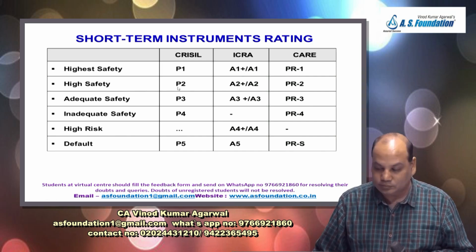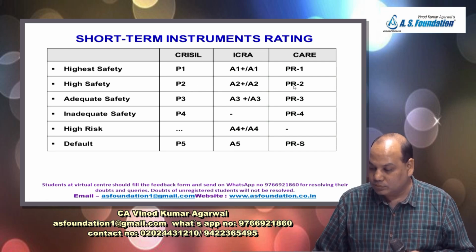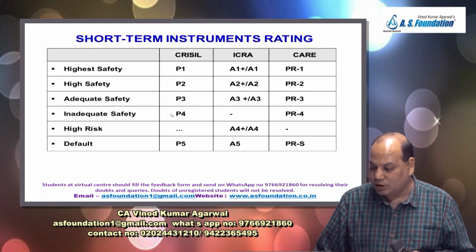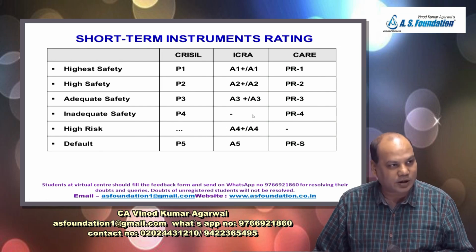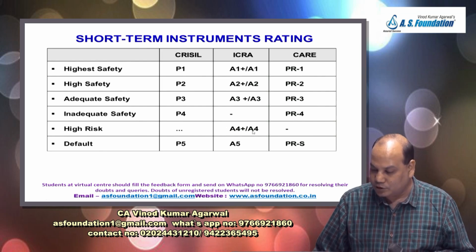High safety P2. A2 plus or A2, PR2. Adequate safety P3. A3 plus or A3, PR3. Inadequate safety P4, PR4. Here they have not written, but it may be. There is no inadequate safety criteria in ICRA because A4 is here.